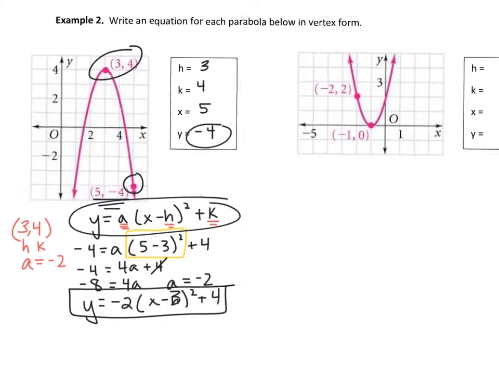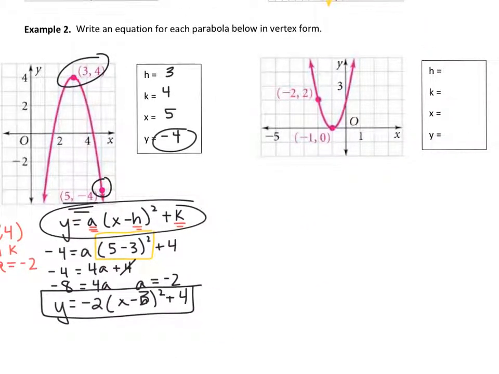Okay, another example. So again, you have your h and k. That's the vertex. So (-1, 0). Your x is -2 and your y is 2. So I'm going to write y equals a times (x minus h) squared plus k. So I'm going to substitute these values in.